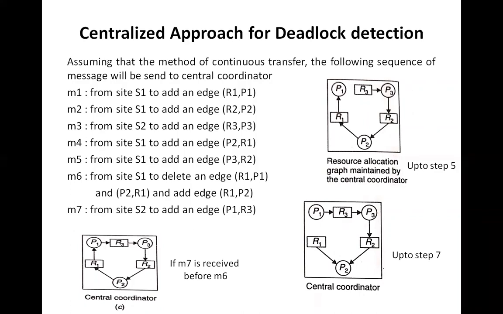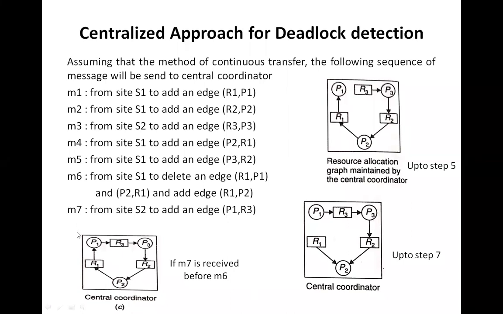Of course, it is not a real cycle, because if M6 is received first and then M7, the central controller will be drafting this resource allocation graph. But if M7 is received first and M6 later, it will say that there is a deadlock. So this example shows that there is a possibility of detection of a phantom deadlock because M7 is received first before M6.